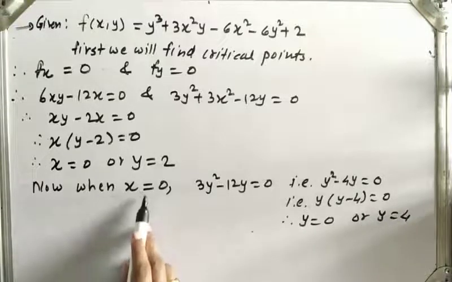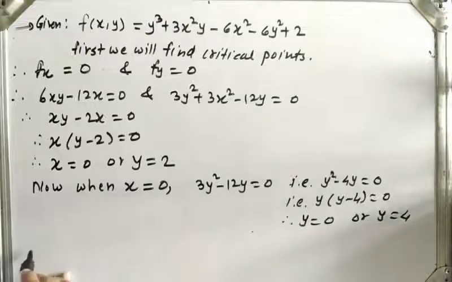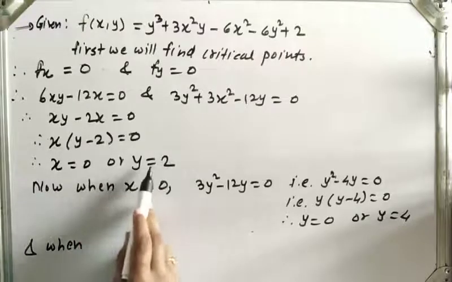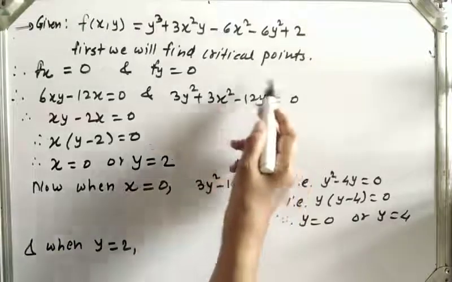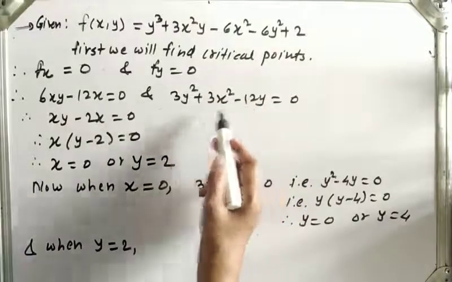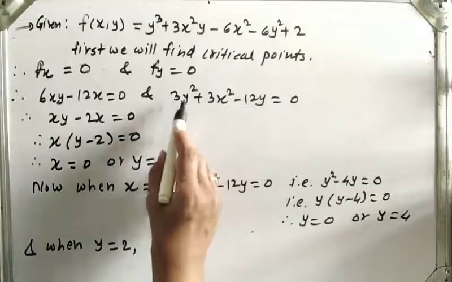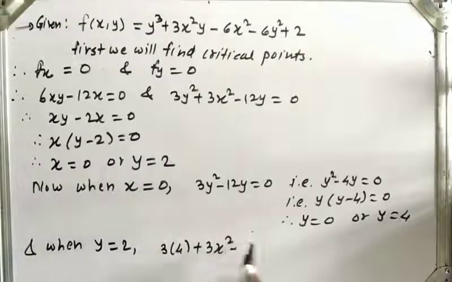So when x is 0 we get y is 0 or 4. For the second condition, when y is 2, what do we get from this equation? 3 into 2 square, that is 12, plus 3x square minus 12 into 2, 24, is equal to 0.